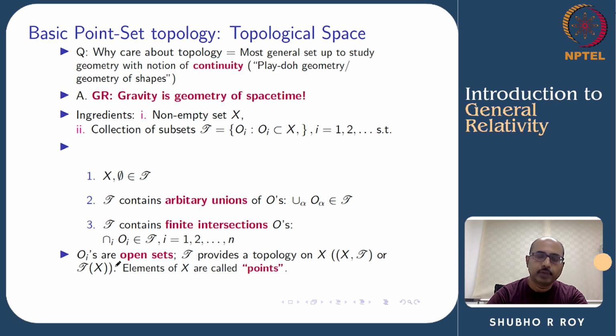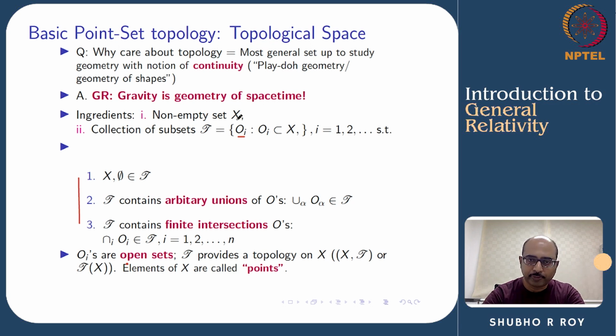These O's, as I've mentioned already, are called open sets. Some books also call them open subsets, but I will stick with the traditional term, open sets. And once we specify a set of open sets which satisfy criteria 1 to 3, we have succeeded in converting X from a normal set into a very special set, which is a topological space.